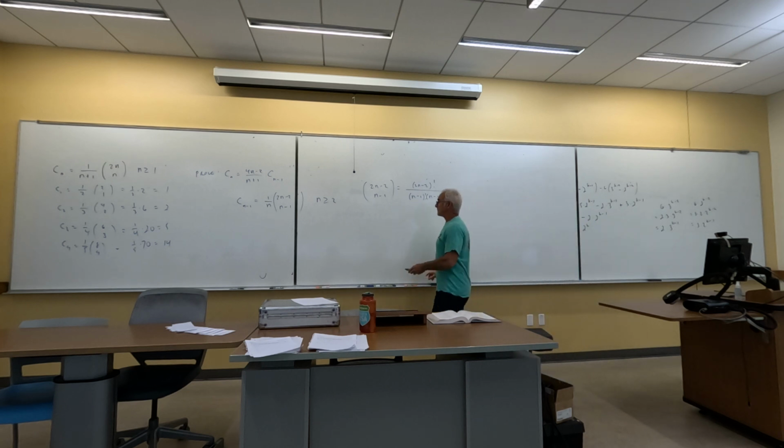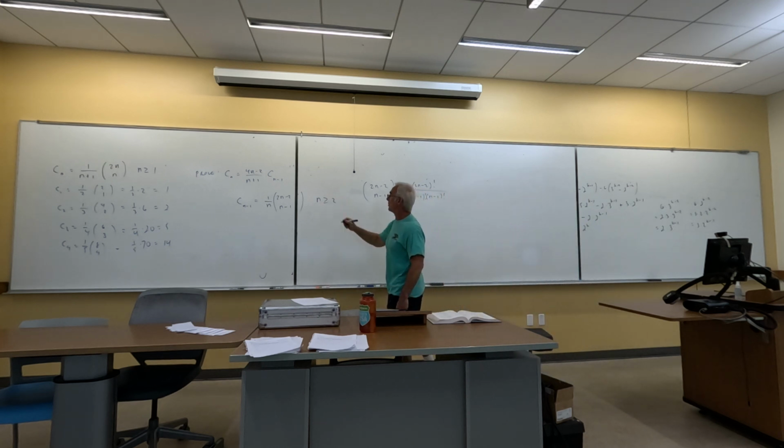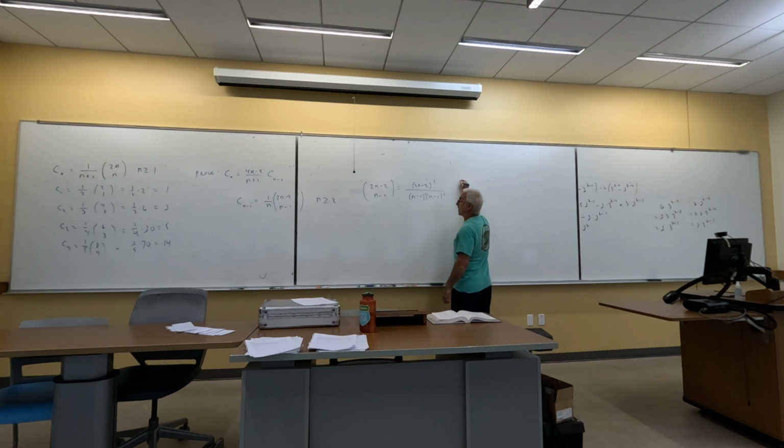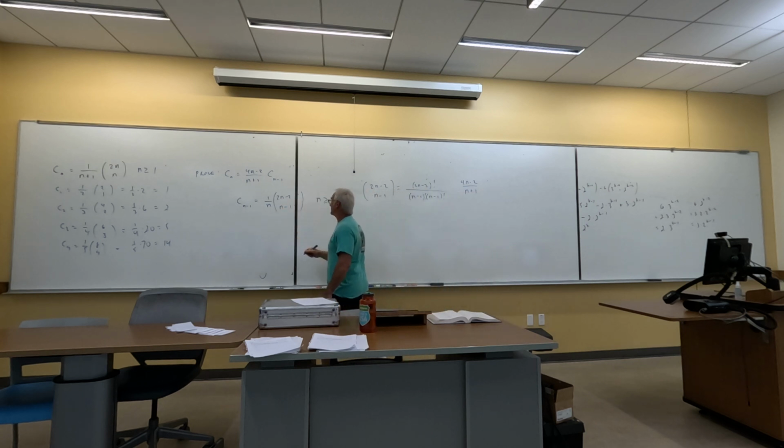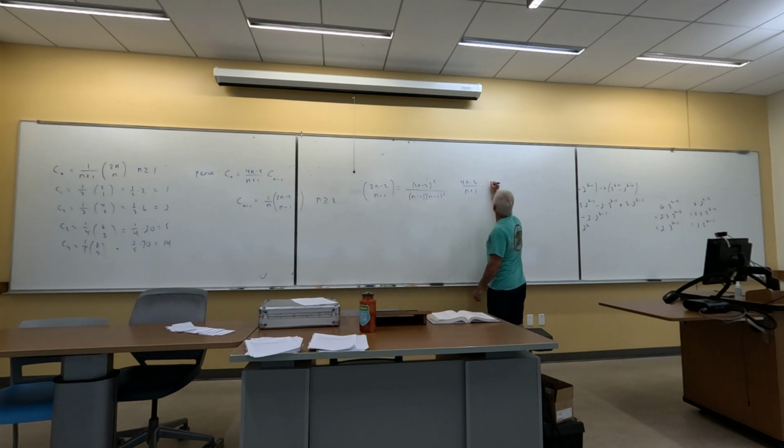Okay. All right, so now let's take that whole quantity. What have I got? I've got 4n minus 2 over n plus 1, and I am multiplying it by this. But we just said that's this.